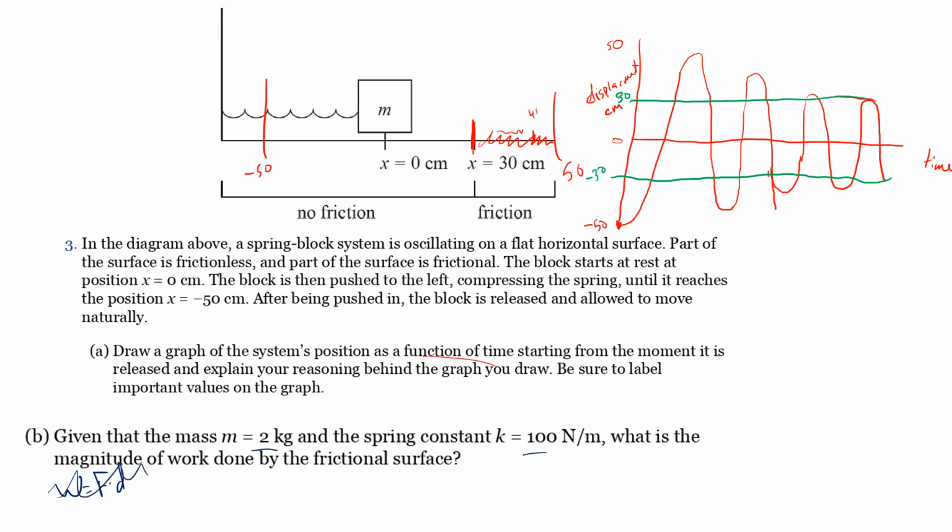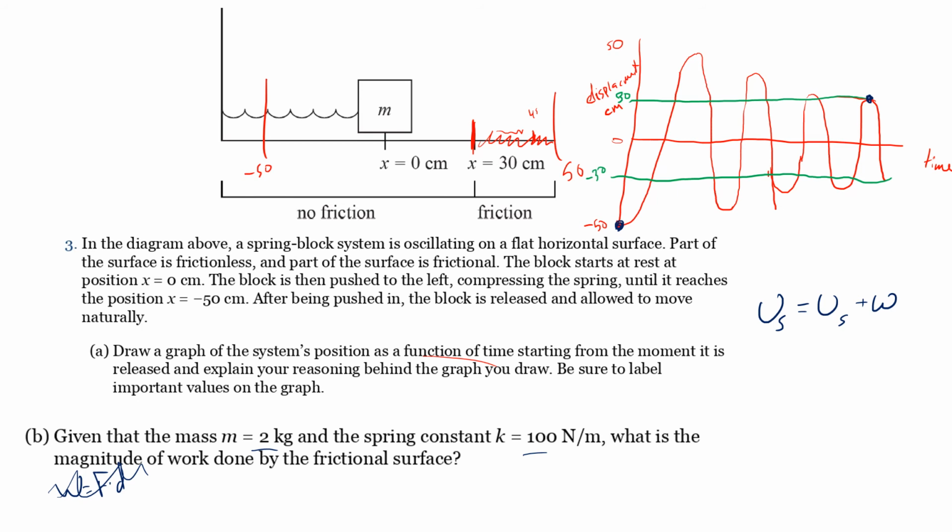The other work formula is just the difference in the energies. So we're going to talk about the potential energy from the spring initially, and then that's going to equal any other point. We're comparing this guy right here, that's our initial, to this guy right here. Now it doesn't matter top or bottom because it's going to be equal on the spring, plus W, because this is less than that.